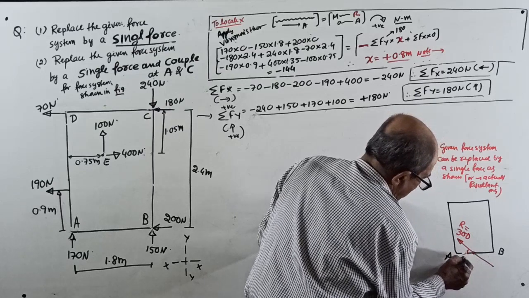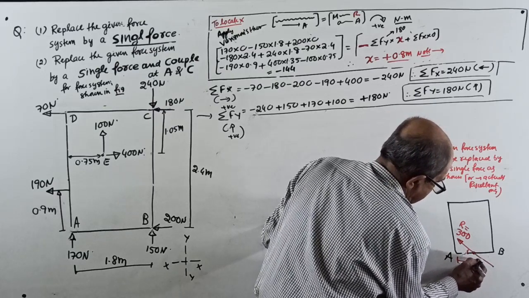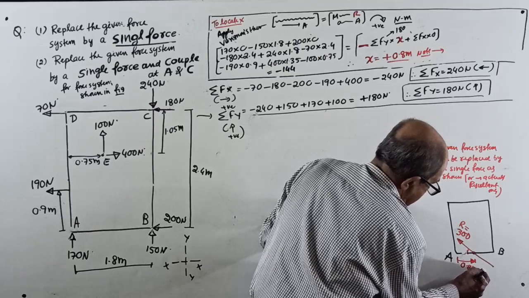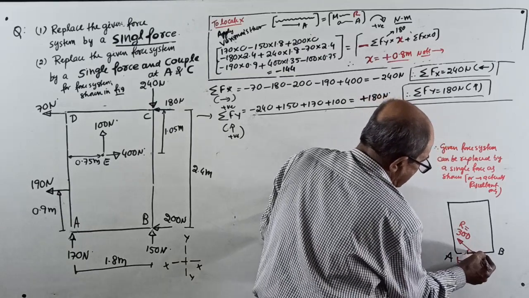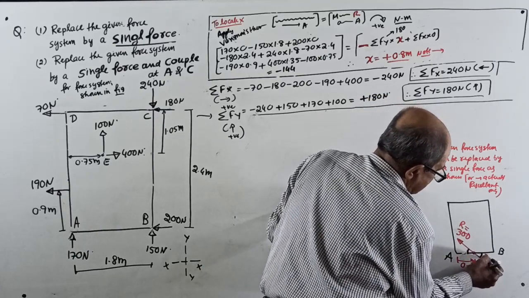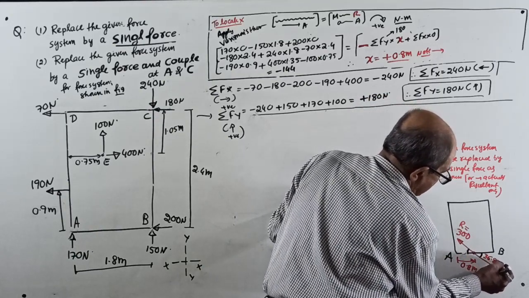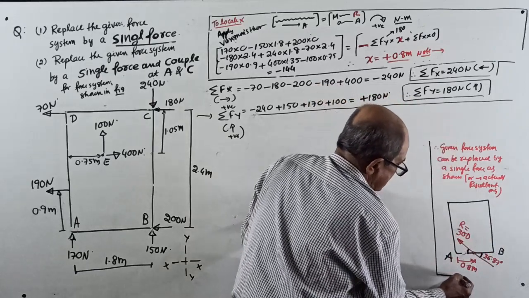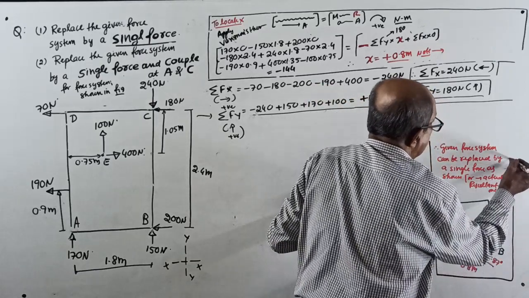And this point from here to here is 0.8 meter. And the angle, I can mark here. See, anywhere you can mark the angle. 36.87 degrees. This is the answer for question 1.